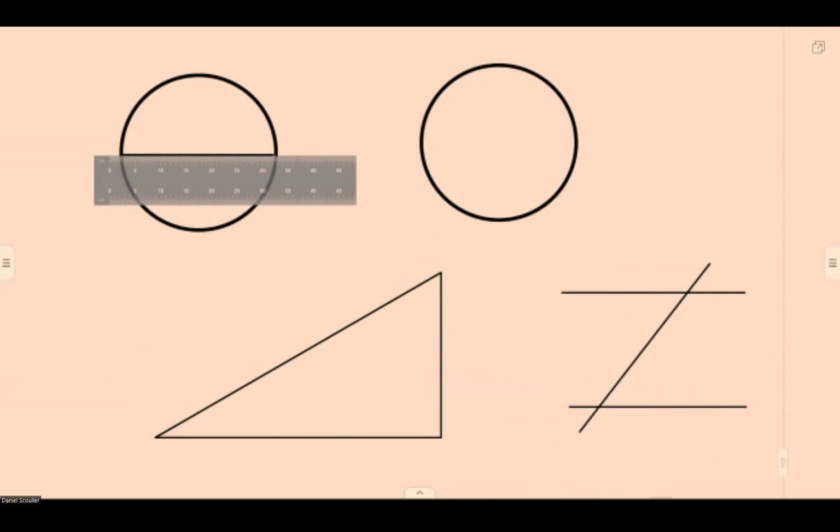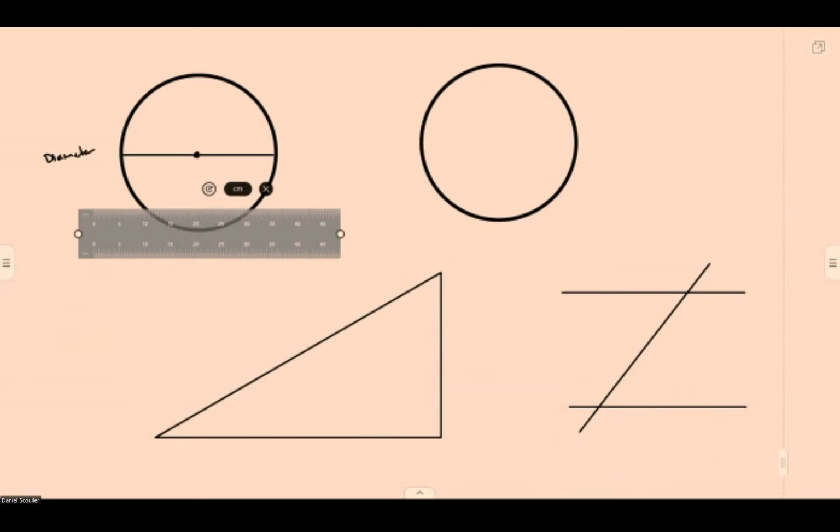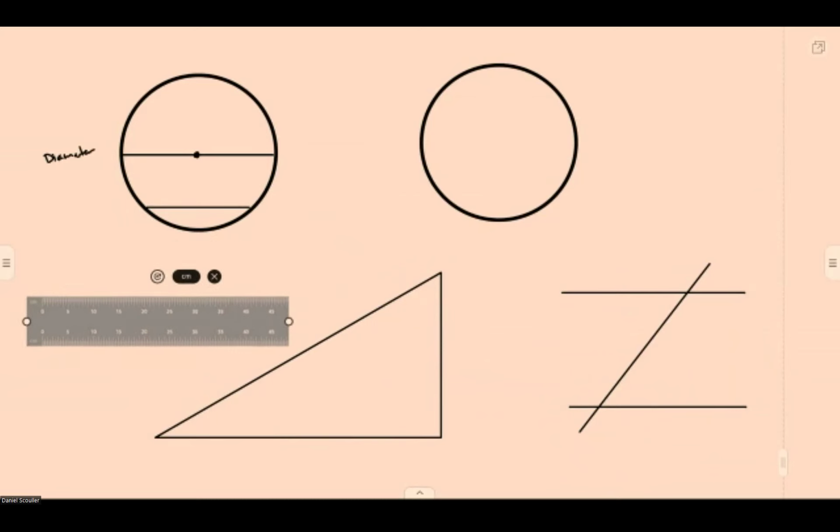A line from side to side that goes through the middle is your diameter. Side to side, going through the center, diameter. Side to side, not going through the center, we refer to as a chord.